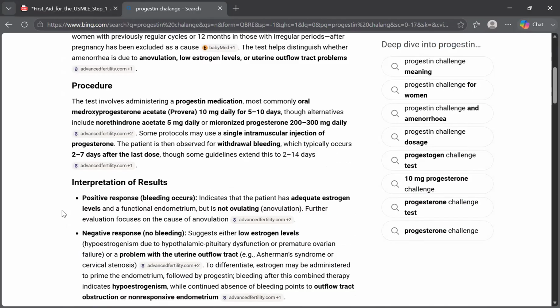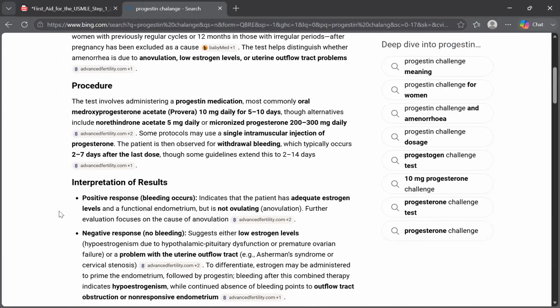Okay, so in the patient, the bleeding is not occurring, and we give progestin, then withdraw it and observe if there is going to be bleeding. If there is bleeding, it means that the patient has adequate estrogen, but there was a lack of progesterone, and because of the lack of progesterone, which is now provided, the patient is now bleeding.